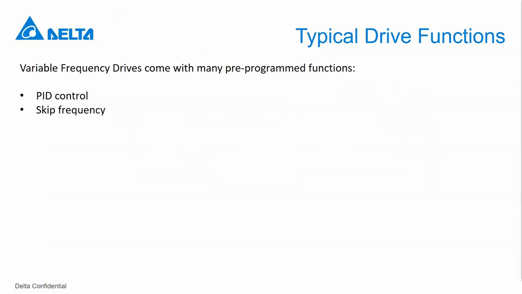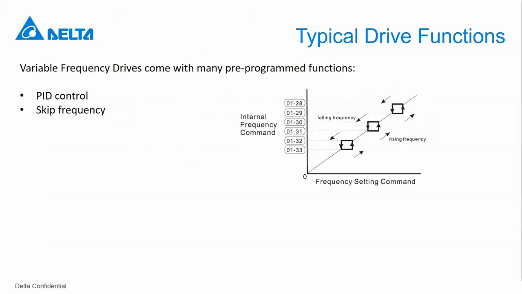Another very common function is skip frequency, and this is also related to the previous function that I mentioned. In many applications, you get a mechanical resonance when the motor runs continuously at a particular speed. The drive can help prevent that by making sure to never run continuously at the frequency at which this resonance occurs.